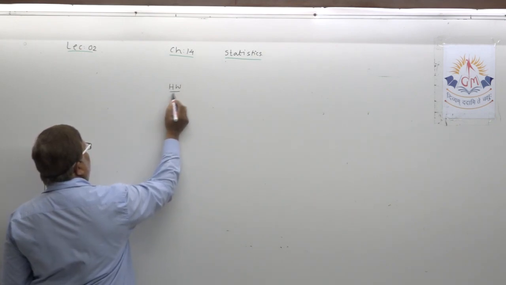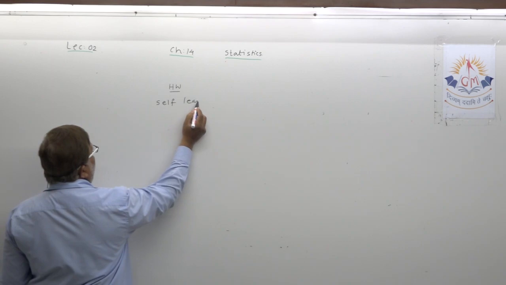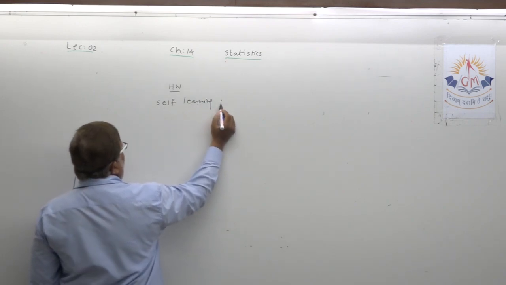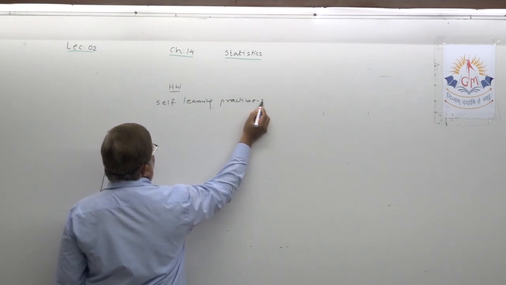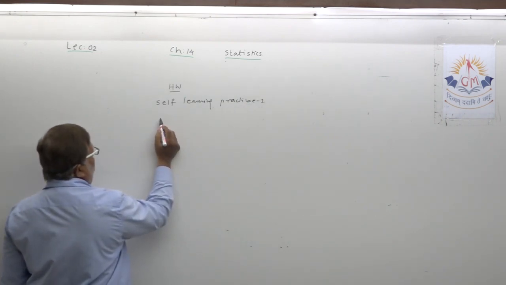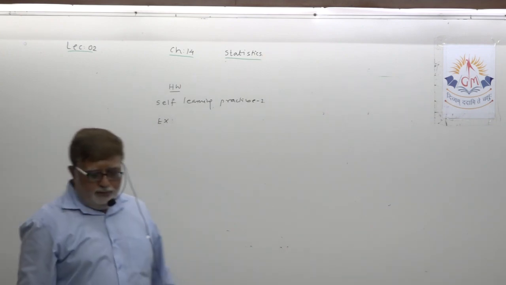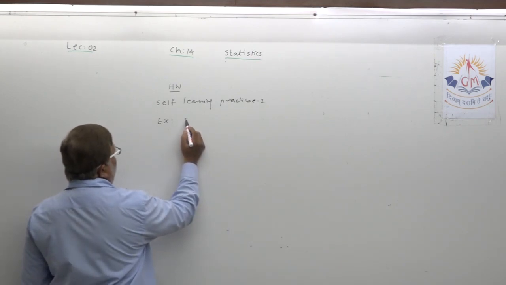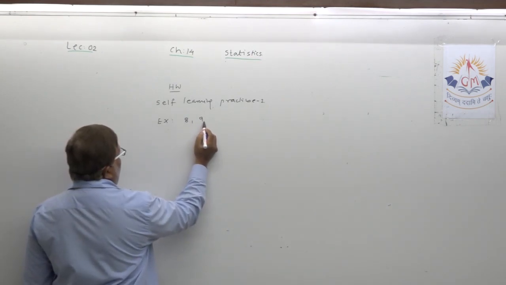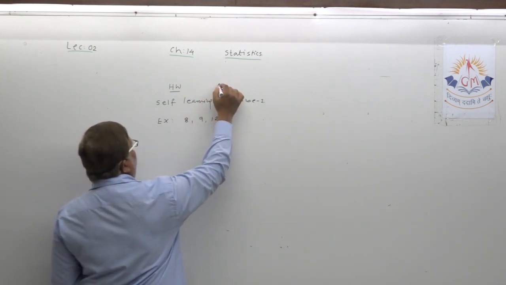I am mentioning the example numbers here from self-learning practice 1. See, dear student, examples 8, 9, 12, 13, you check in your material, all to be done by the step deviation method.